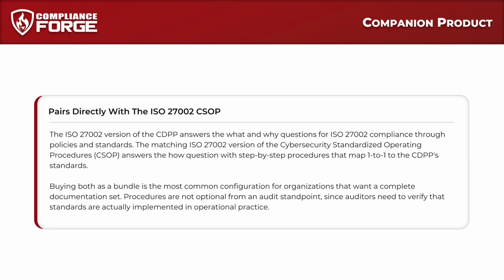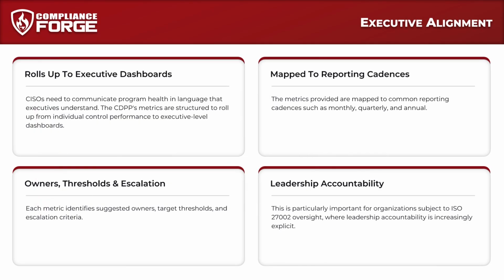Auditors need to verify that standards are actually implemented in operational practice, and procedures are the documented evidence of that implementation. For CISOs, the CDPP includes metrics that are designed for executive reporting. CISOs need to communicate program health in language that executives understand, and these metrics are structured to roll up from individual control performance to executive-level dashboards.